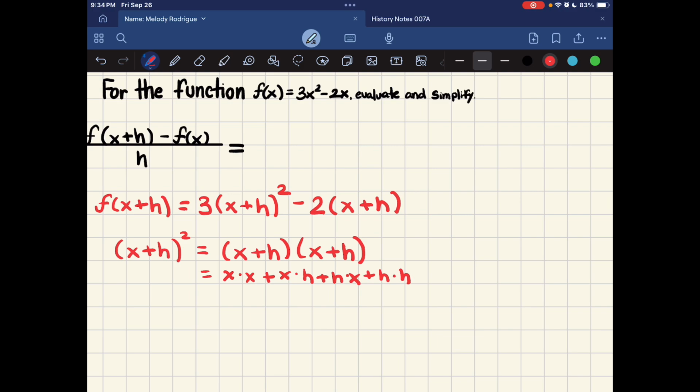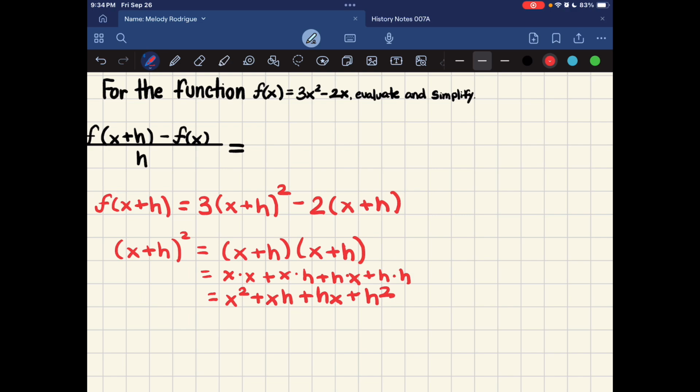And then when we combine these terms, the common variables, we get x squared plus xh plus hx plus h squared.